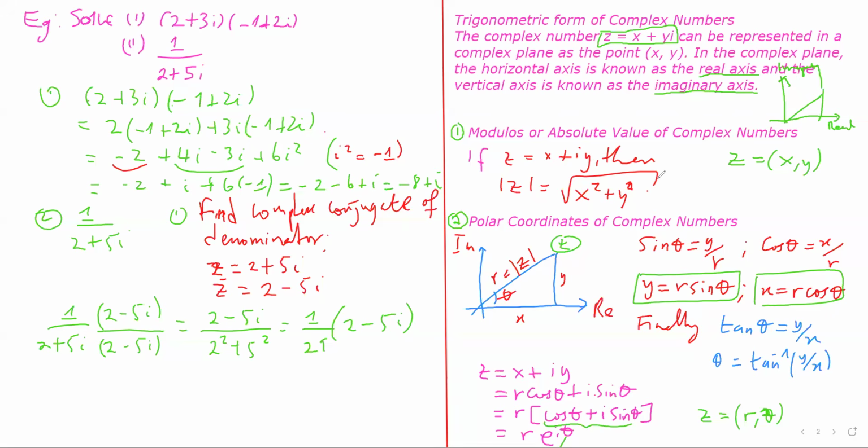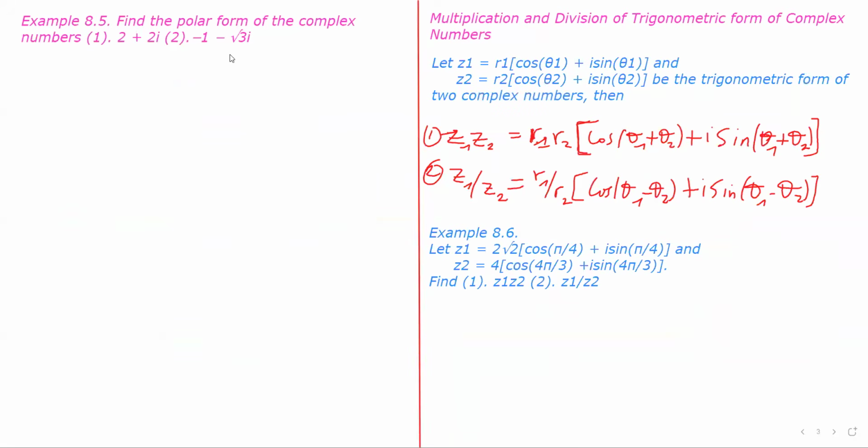And now, as against writing z in terms of x and y, as we did before, we can write z in terms of the modulus and the angle it subtends in the complex plane. So let's take one or two examples and see how we can find the polar form of some complex numbers.